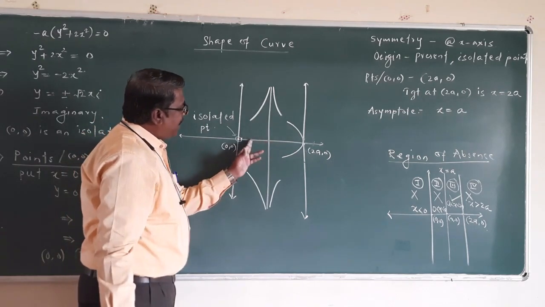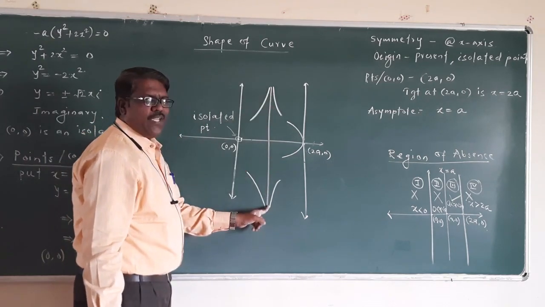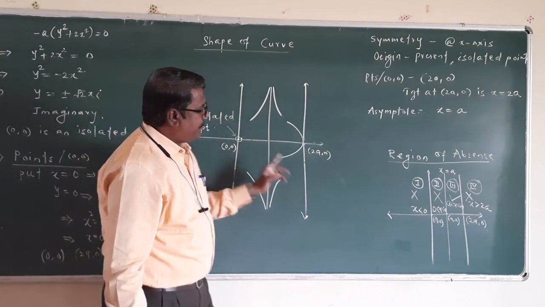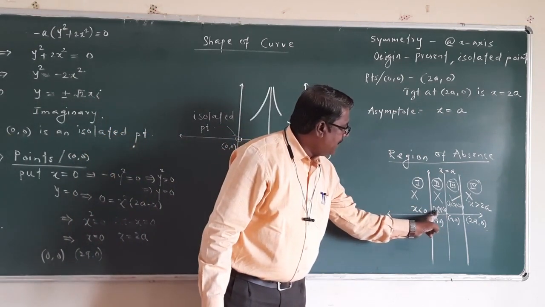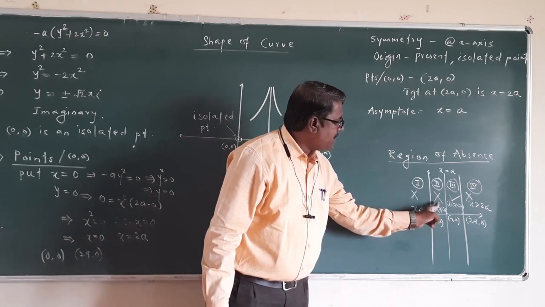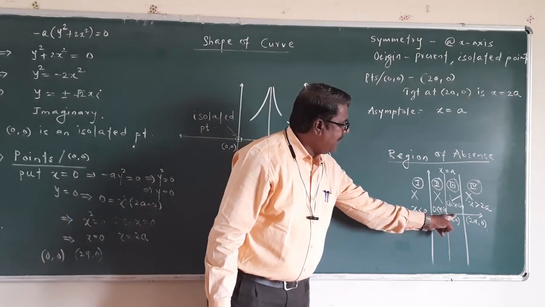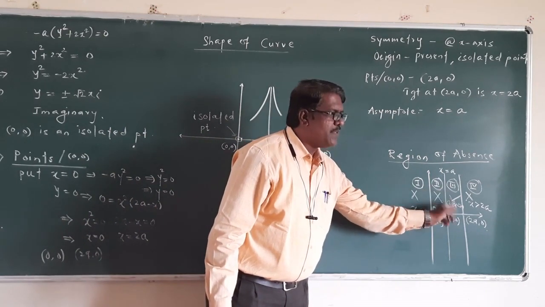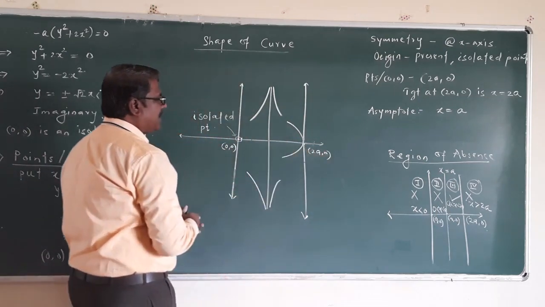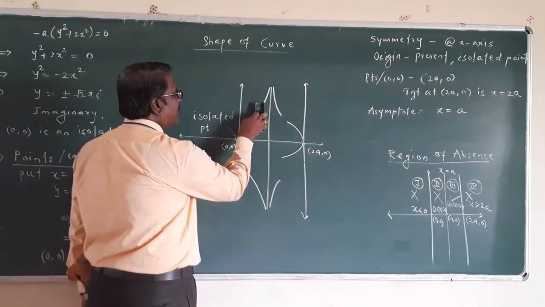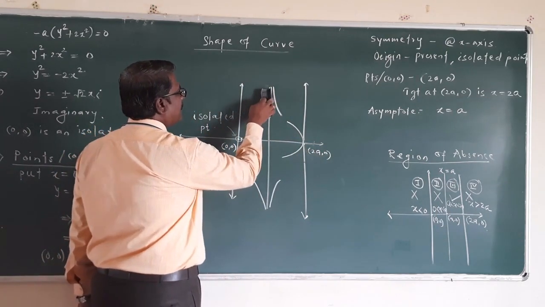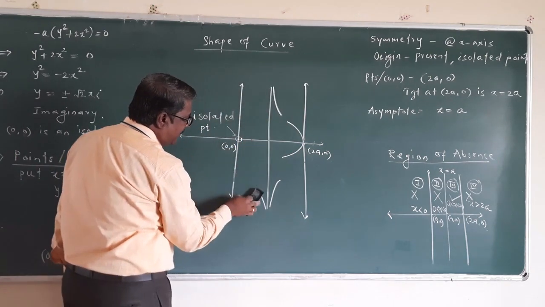But before a, because this line is x equal to a, in the second partition the curve is absent, and after a in the third partition the curve is present. So in the second partition the curve is absent, therefore I will erase this. Again I will erase this.